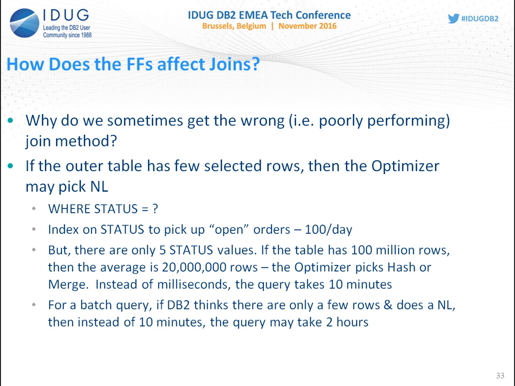On the other hand, if we had a batch query, and if DB2 thought that only a few rows were being returned, it might pick the nested loop join, and now instead of 10 minutes that it would have gotten from the merge scan, it may take 2 hours, because it's going to do all that random I/O. An example where that might happen is you have an index on the amount field in some table.